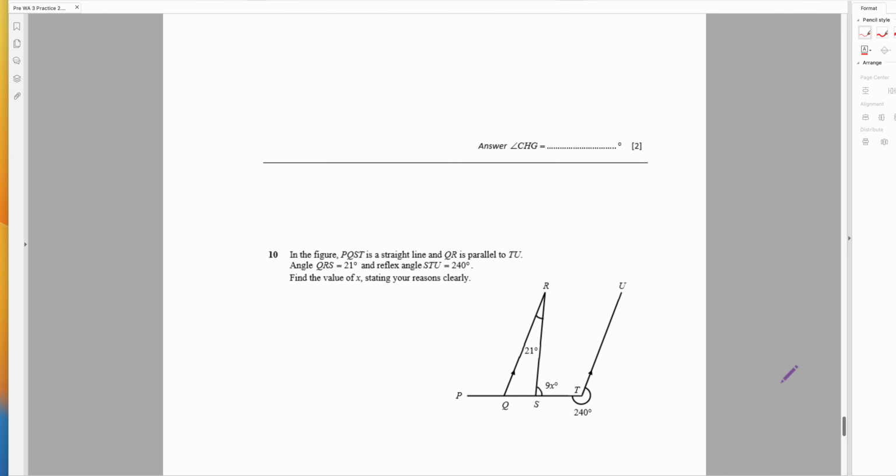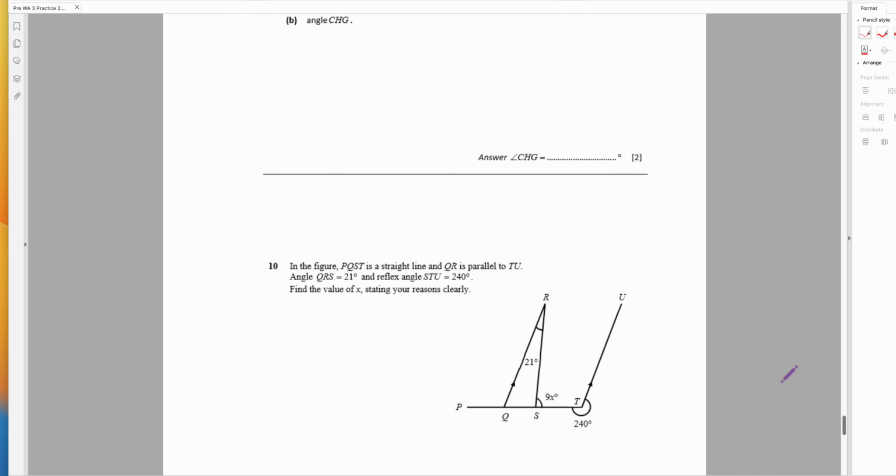Let's try. By the way, just to let you know, this is the reflex angle of angle ST. A reflex angle is between 180 and 360.